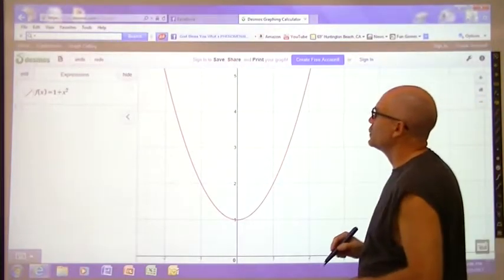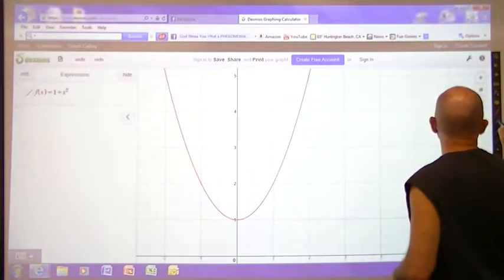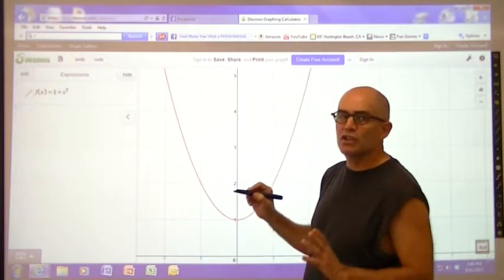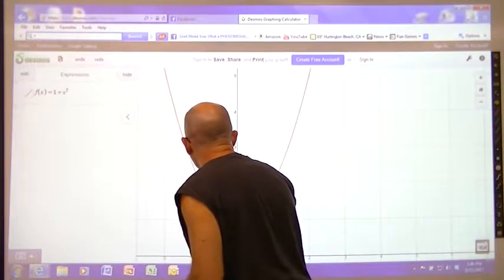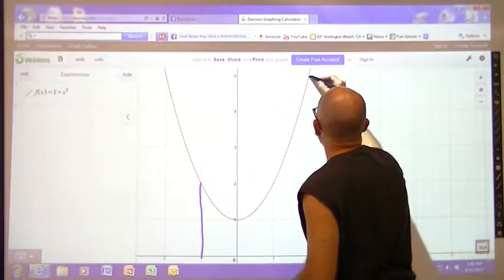Here we have our function f of x equals 1 plus x squared. And we want to know the average value of this function between x equals -1 and x equals 2.